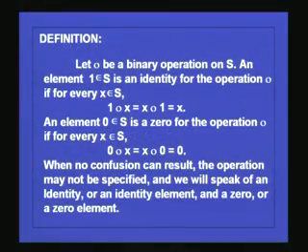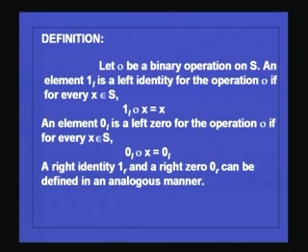This is how we define 0 and identity elements. You can also talk about left identity and right identity. Let dot be a binary operation on S. An element 1L is a left identity for the operation dot if for every x belonging to S, 1L dot x is equal to x. An element 0L is a left 0 for the operation dot if for every x belonging to S, 0L dot x is equal to 0L.